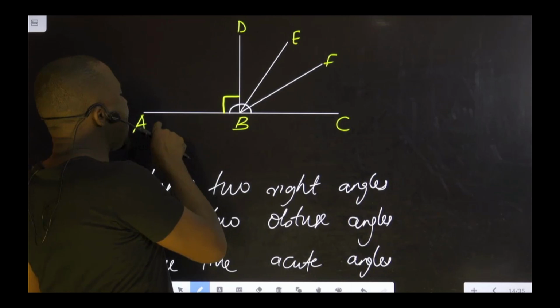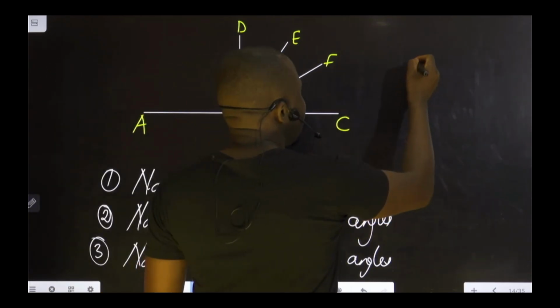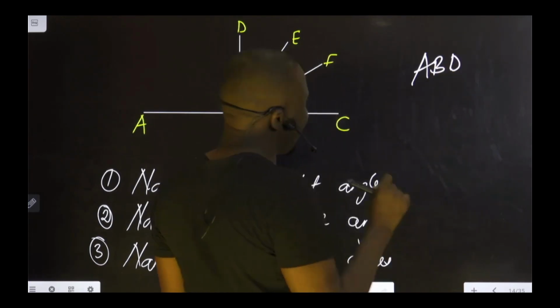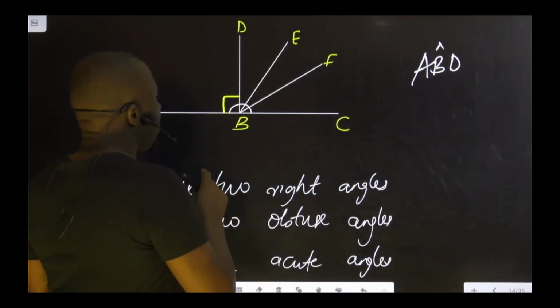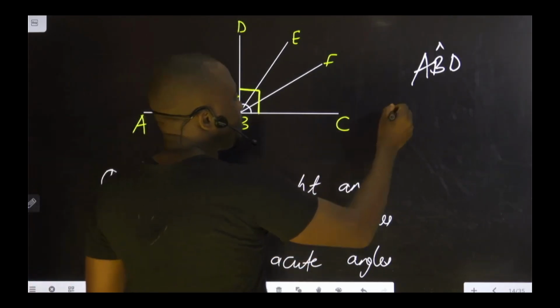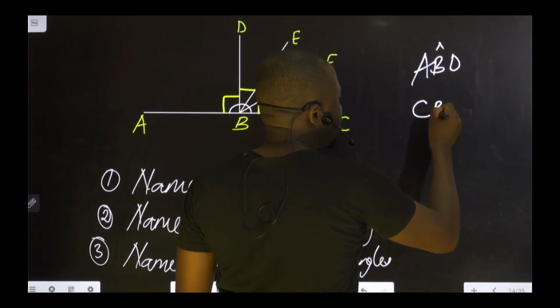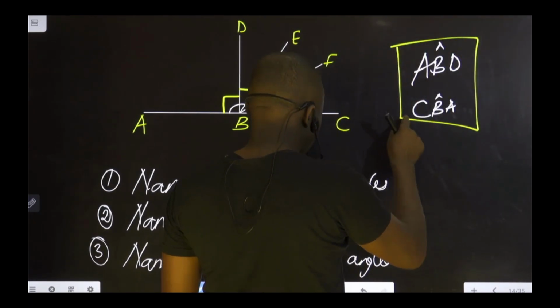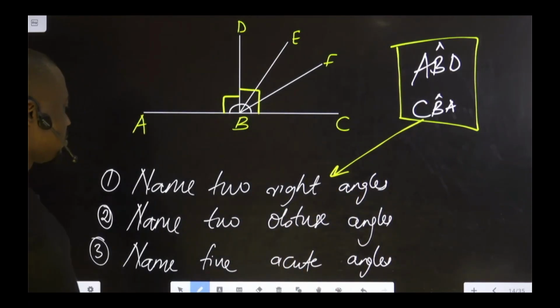That is ABD. ABD is what? A right angle. What about CBD? CBD is also a right angle. So these are the two for this first one.